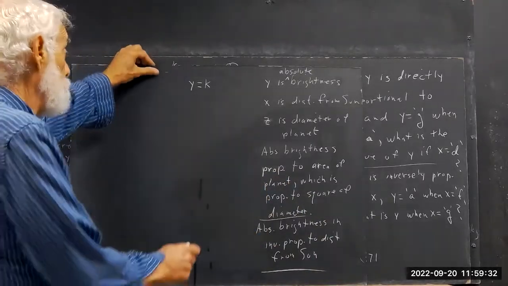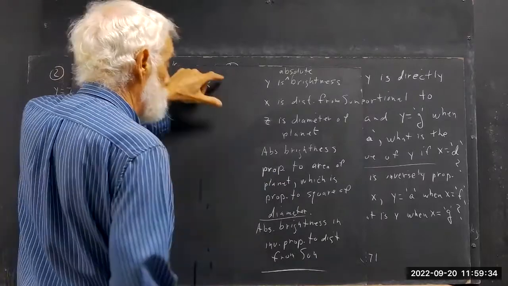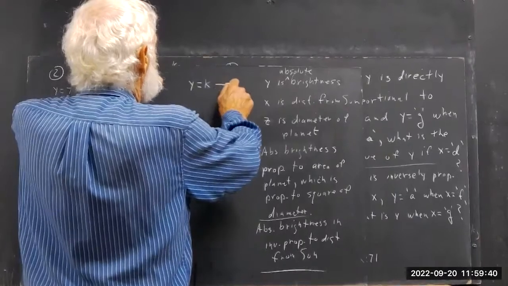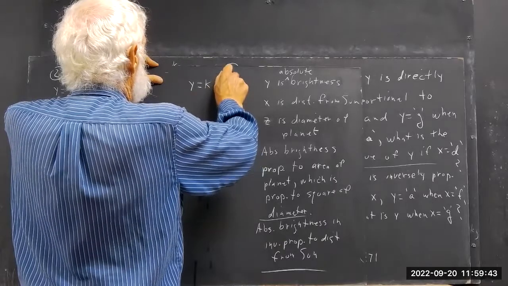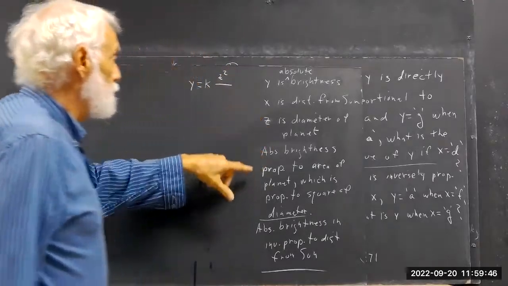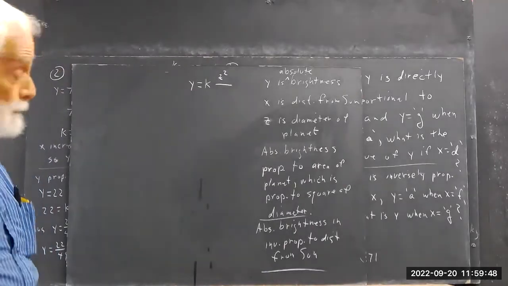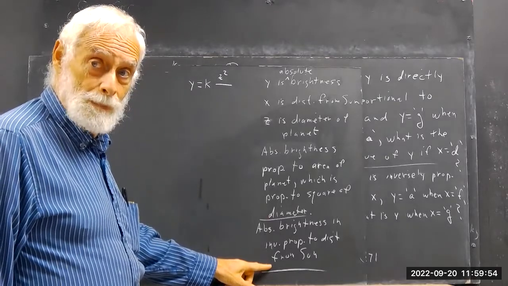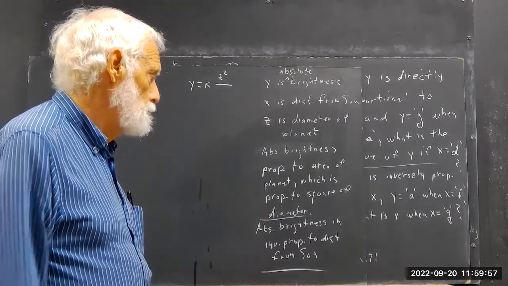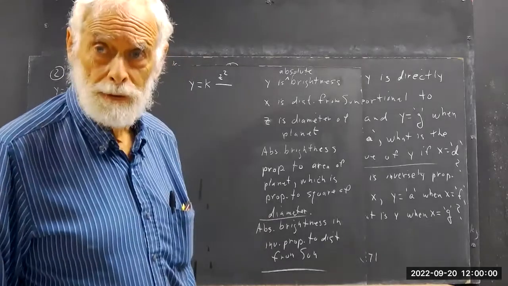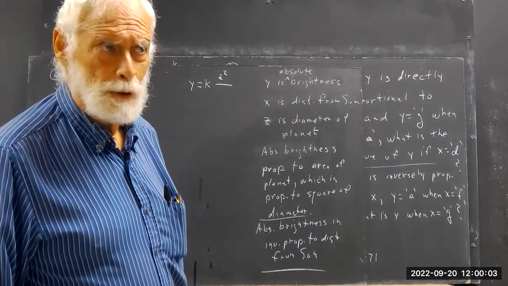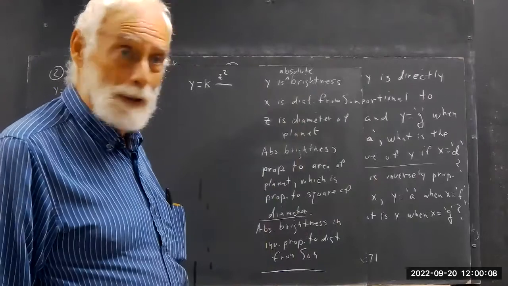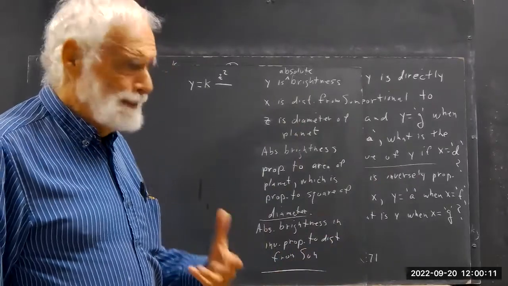Let's read that carefully. You're going to have a Z squared. You also have an inverse proportion, so we're going to need a fraction. And the fraction is going to be Z squared, because brightness is proportional to the square of the diameter. And then you have an inverse proportion to the distance from the sun. No, it's the square of the distance from the sun. So when you were putting an X in the denominator, a lot of you said, oh, you missed the square.